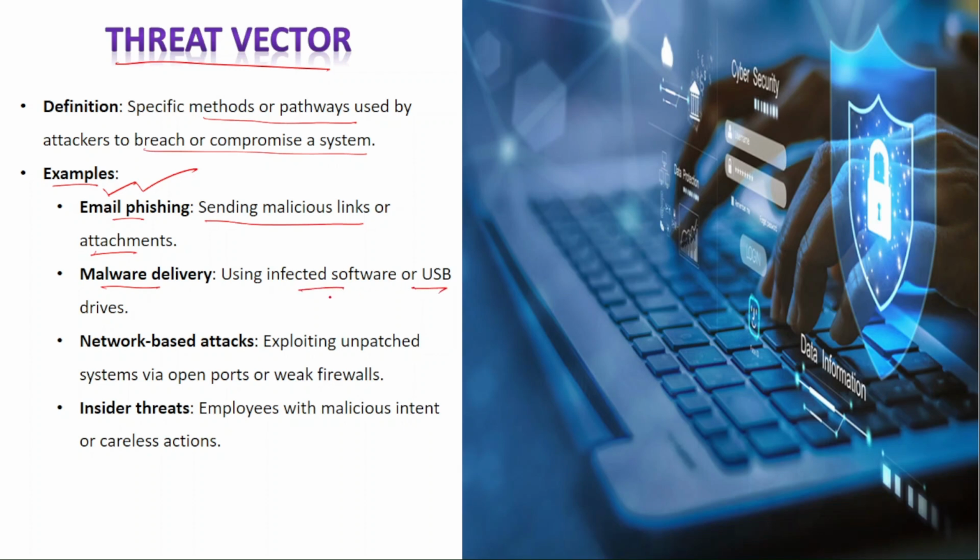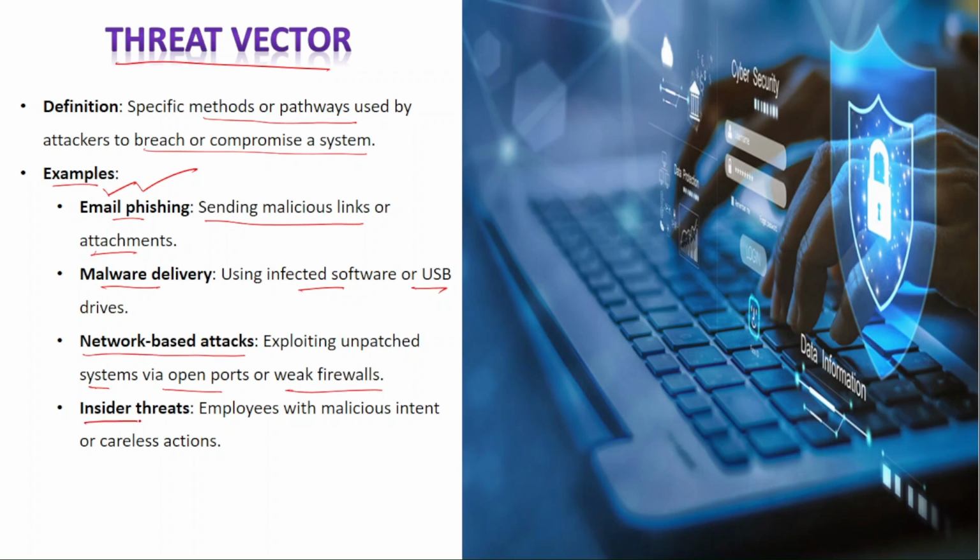other infected software. Similarly, there are network-based attacks that can act as threat vectors, exploiting unpatched systems via open ports or weak firewalls. So, for example, you have a firewall, but the firewall policies are weak, or it is not properly configured. So this is again a threat vector through which an attacker can enter your internal or private network.